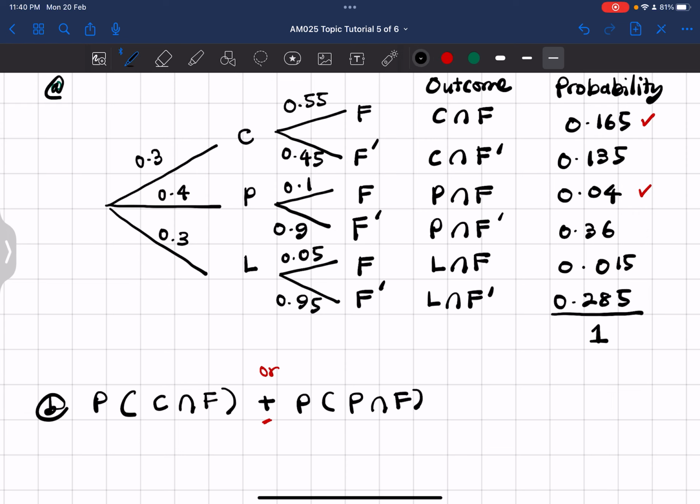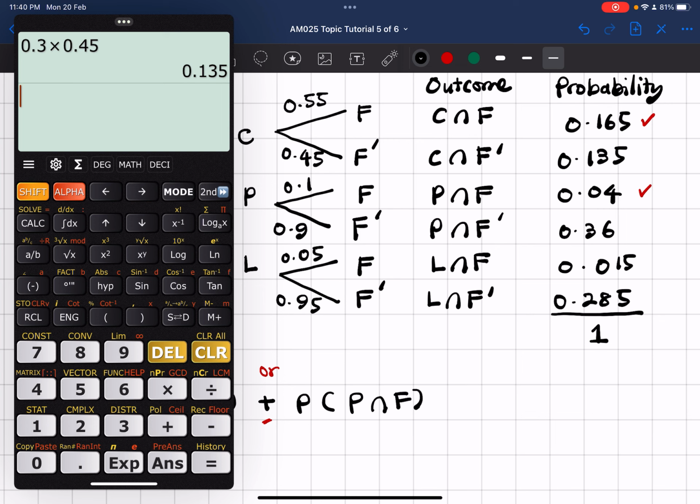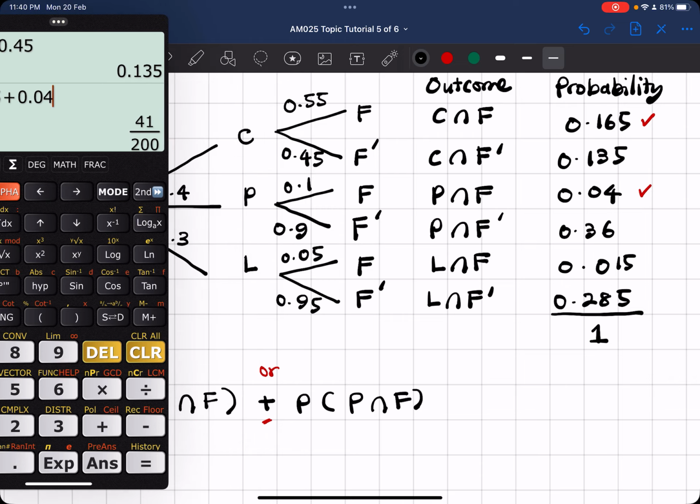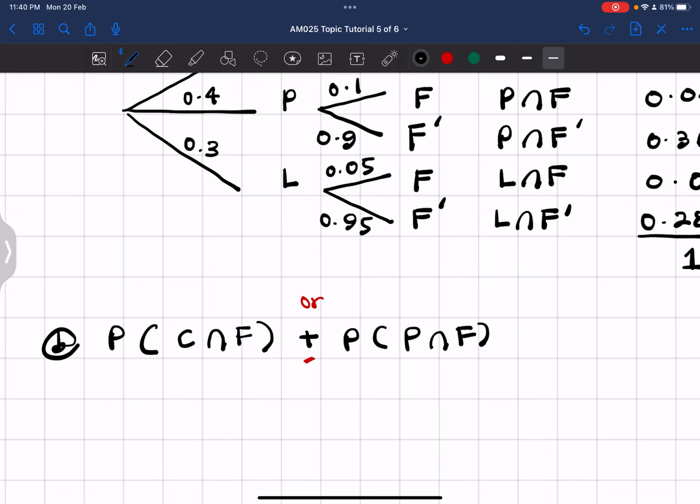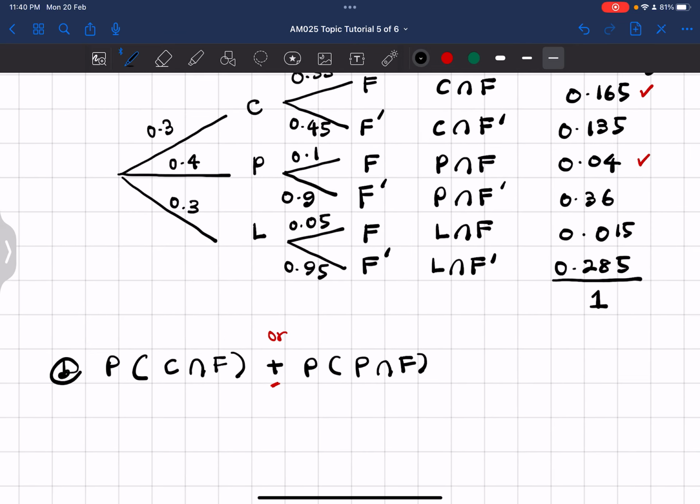Let's find the total of these two probabilities. 0.165 plus 0.04 is 0.205, or you may write it as 41 over 200, or you may write it in decimals if you want. Just make sure that it is a terminating decimal.